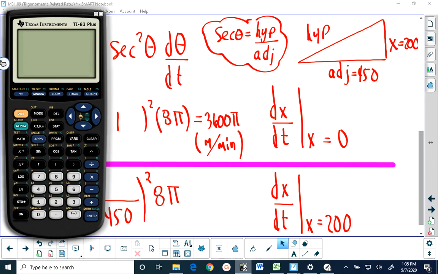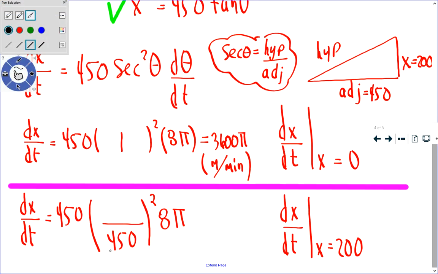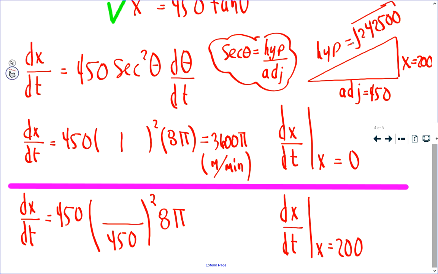If I take my 200 squared and add it to 450 squared, that gives me 242,500, which means the hypotenuse is the square root of 242,500, and we are not going to waste any time simplifying that.